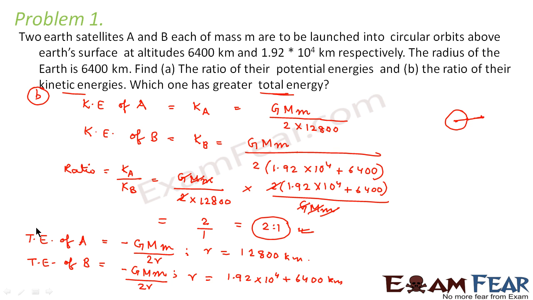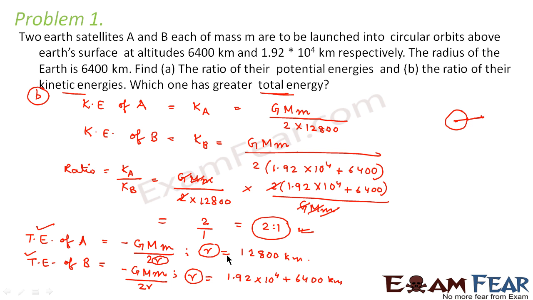Now if I ask you which will have greater total energy. See, if you compare these two, both have the same numerator, right? So the one whose denominator is smaller would have more total energy. So you can see the value of R. The denominator is dependent on the value of R. So the one which has lesser value of R will have greater energy.